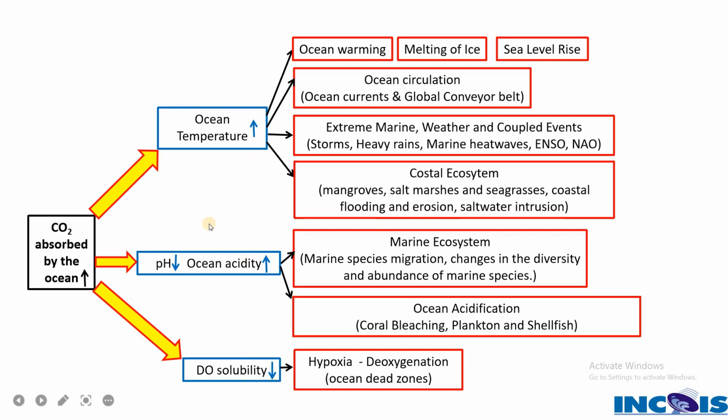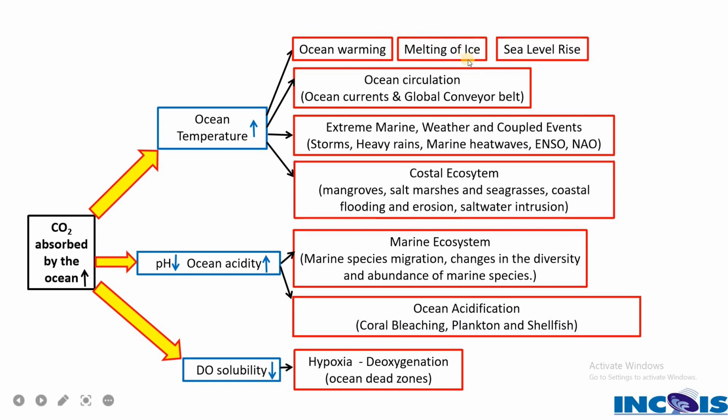Because of these changes in the ocean, what kind of further consequences can we see from the ocean's perspective? First we will see it in the ocean temperature. If ocean temperatures rise, obviously we can see ocean warming, and we can see the effects of the ocean warming. Ocean warming causes the melting of ice, in the sense of land ice or glaciers.